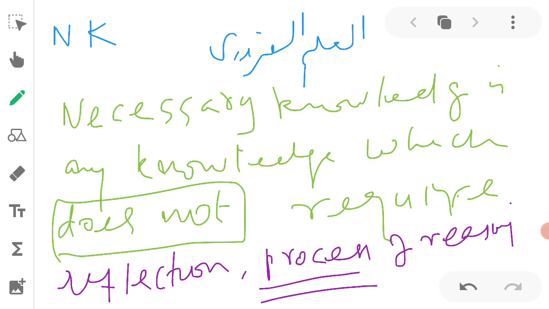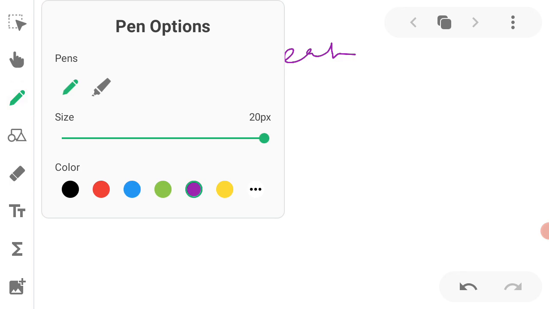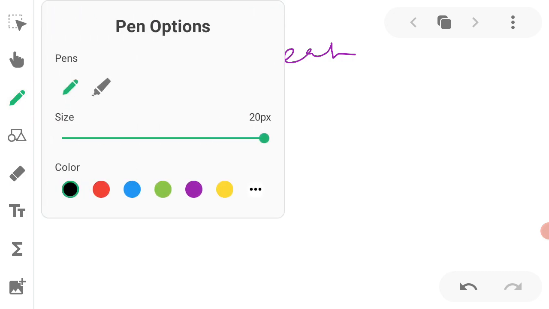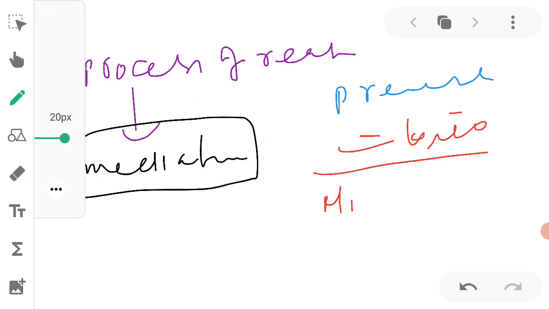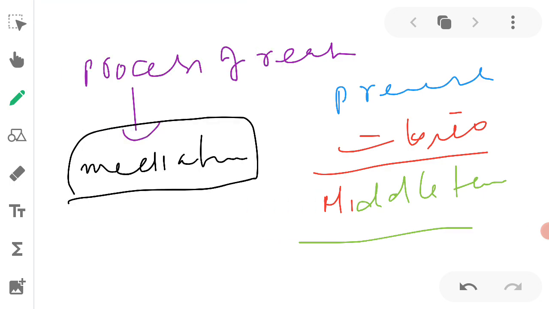And since in the context of Aristotelian logic, the process of reasoning was considered to involve mediation, in the sense that you come from premise or premises, which are known as muqaddama or muqaddamat, and there is a mediation of what they call the middle term, and then you get to the conclusion.